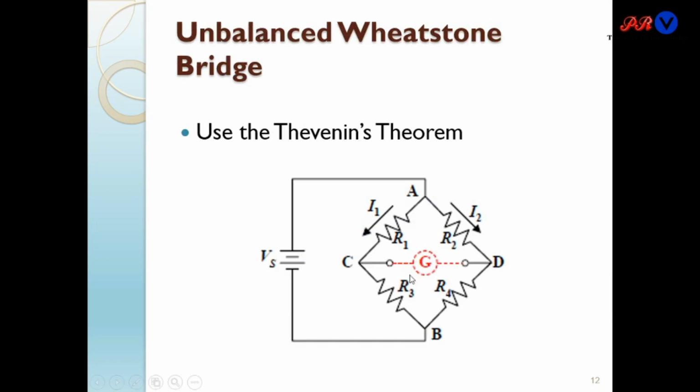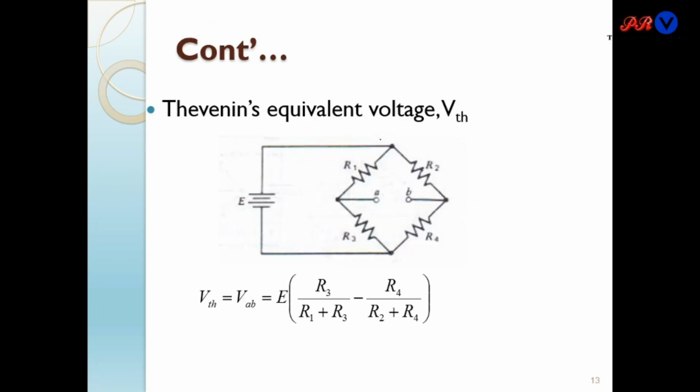We have here two points A and B, so the potential at this point and the potential at this point. So we will get VAB, which is the potential difference between point A and point B, and that is equal to V Thevenin.